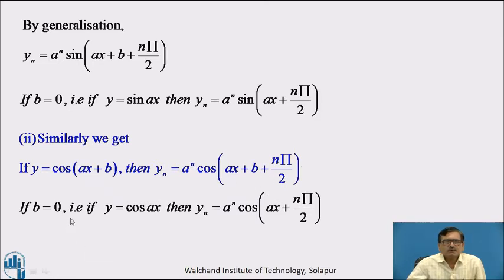Again here, if b equals 0, that is if y equals cos ax, then yn equals a raised to n cos(ax plus n pi by 2). This was the nth derivative of cos(ax plus b).